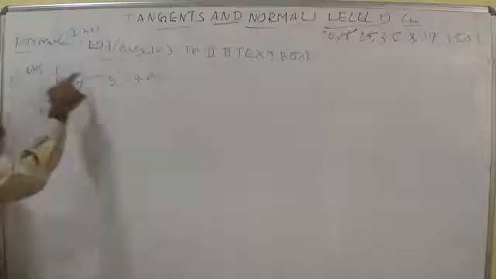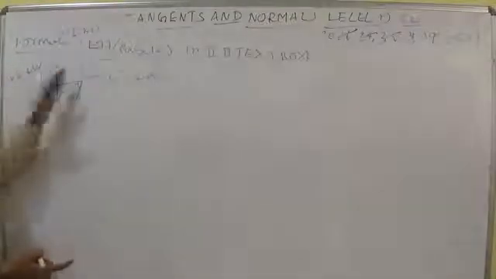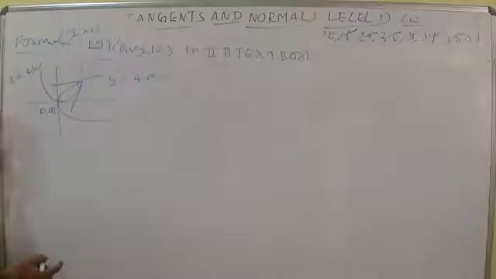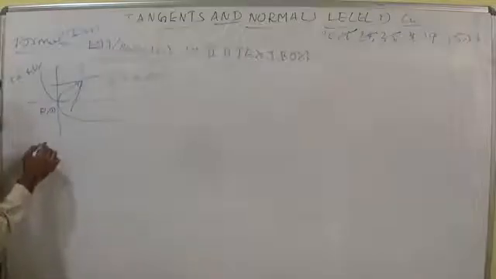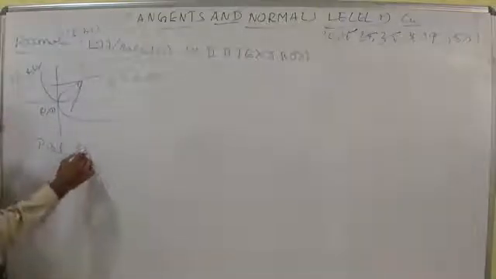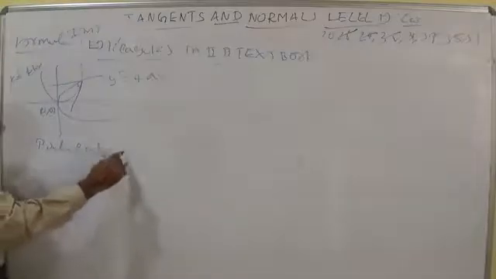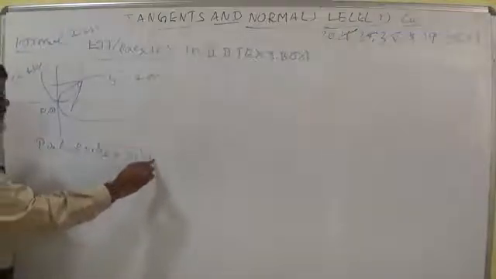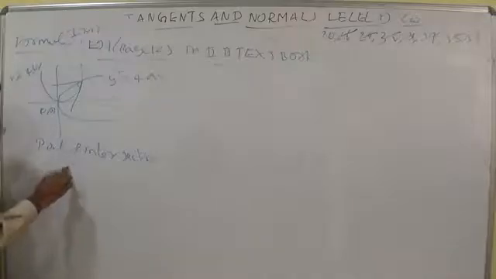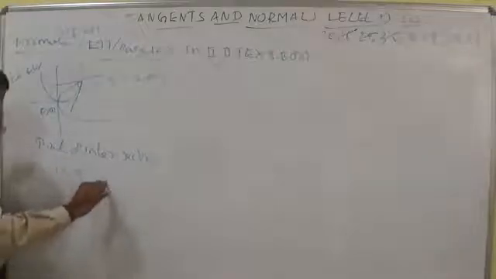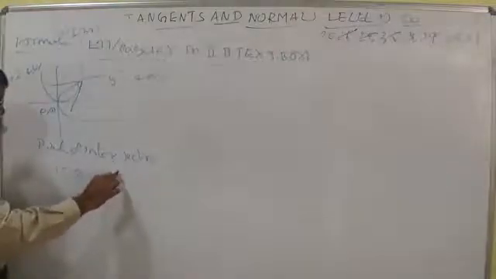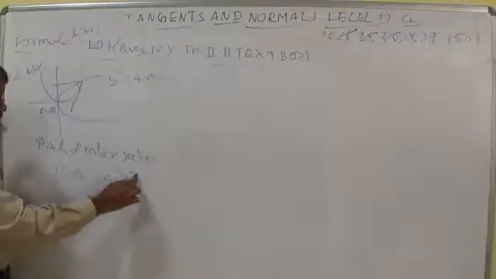If you equate both, you will get the points of intersection. I am writing points of intersection: 0, 0 and 4a power 1 by 3 b power 2 by 3.